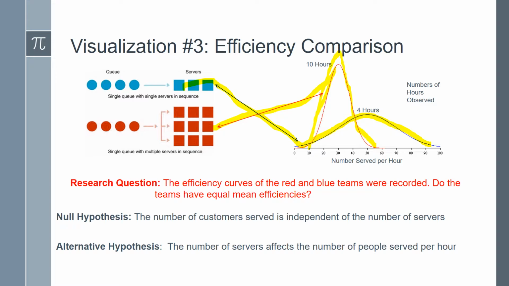Do the teams have equal mean efficiencies? So the null hypothesis could be that the number of customers served is independent of the number of servers. The alternative hypothesis in regards to this question could be the number of servers affects the number of people served per hour.